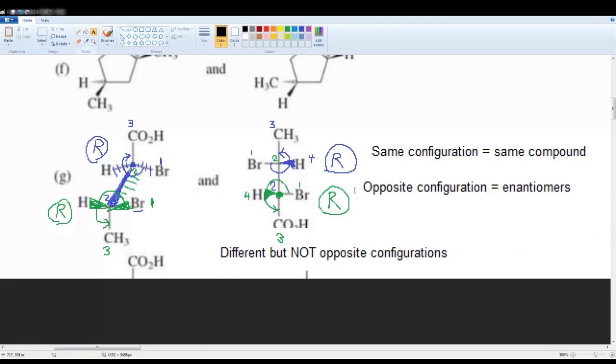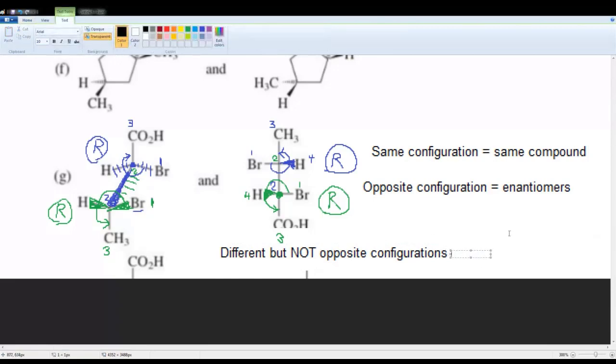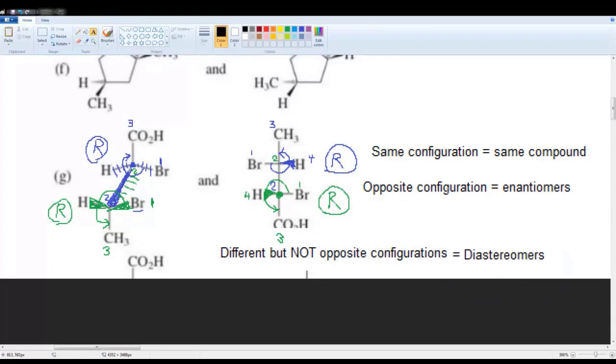That's when they're going to be diastereomers. So same configuration, same compound, opposite configuration, enantiomers, different but not opposite configurations, diastereomers. Does that help? Yes. Okay.